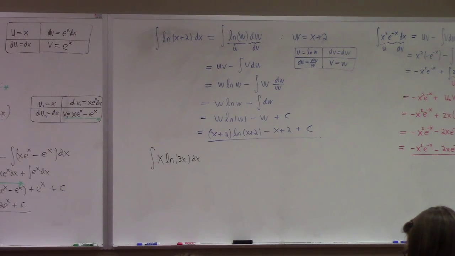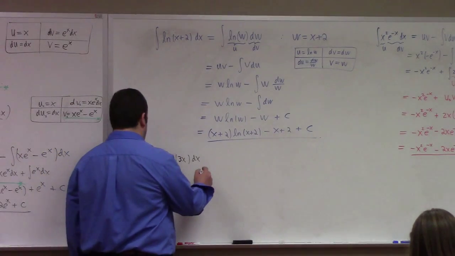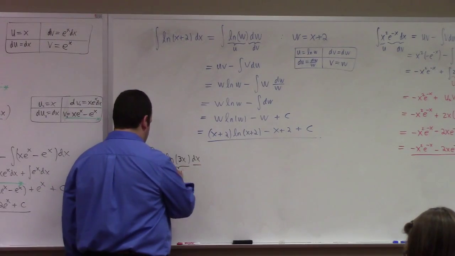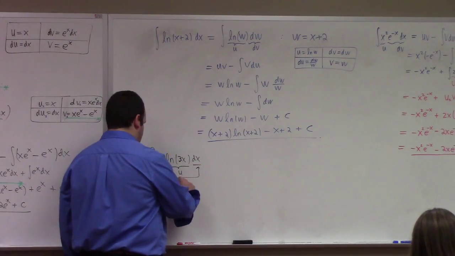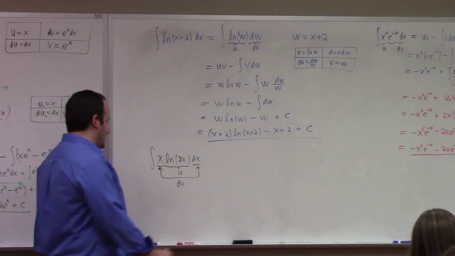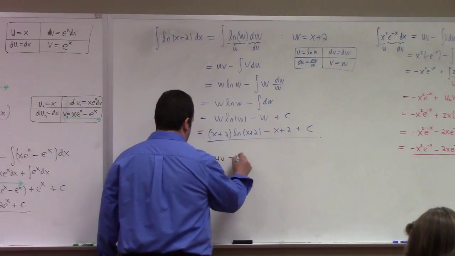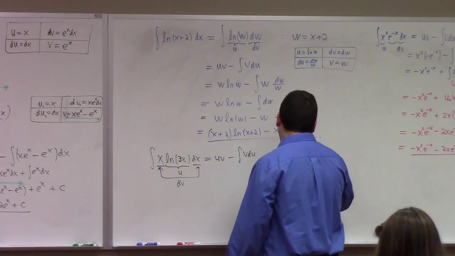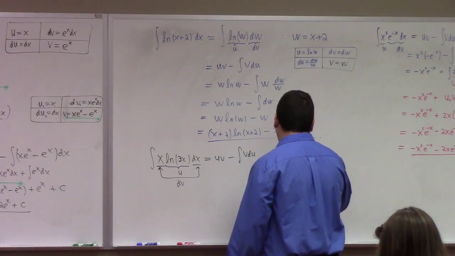Well, maybe, if we're lucky, we can get away with letting this be the u and letting this and that be the dv. Because then uv minus the integral of v du.